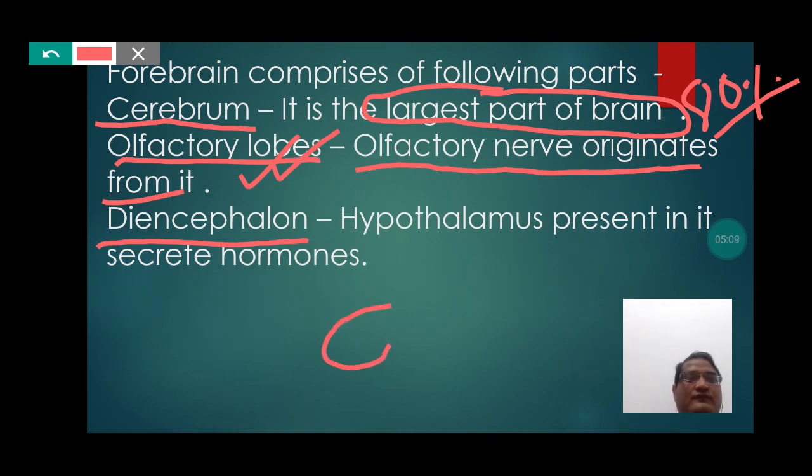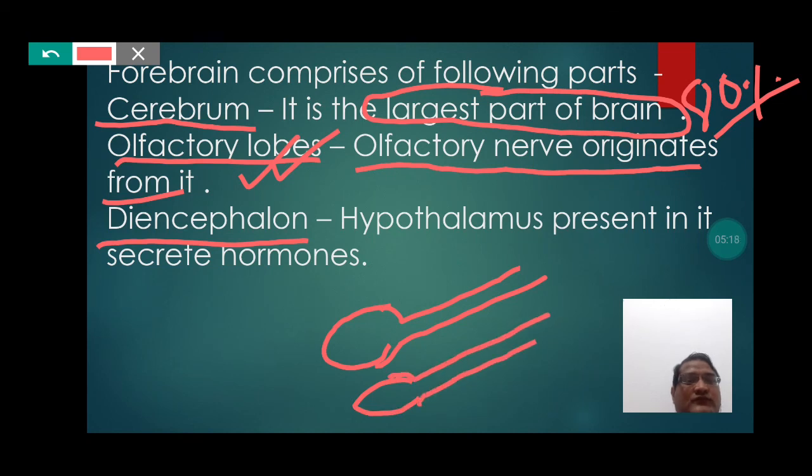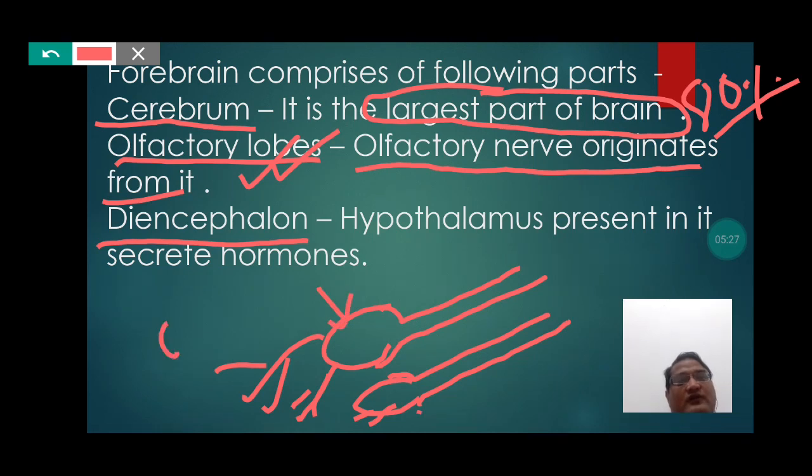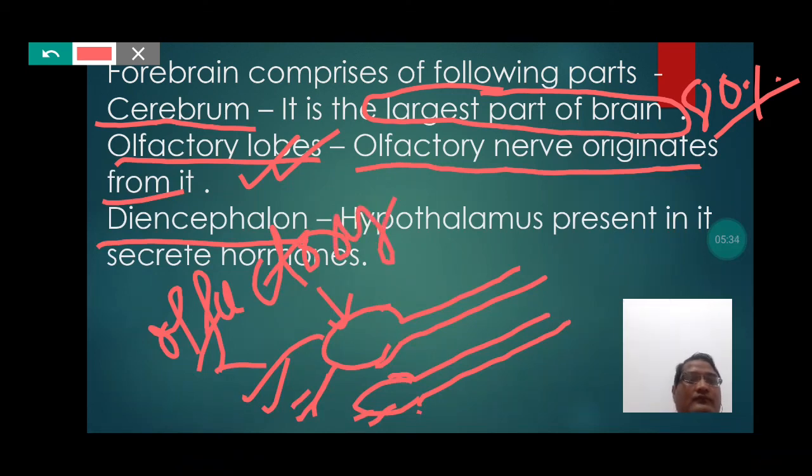So students, olfactory lobes are actually structures which appear like this way. So students, these are the olfactory lobes from where the olfactory nerves arise. This is called the olfactory bulb, whereas this is called the olfactory tract.